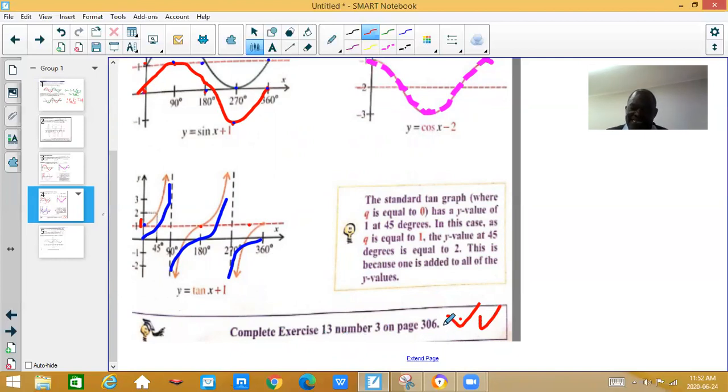I am recapping on what we did some time past, because this one is very important in our new syllabus that has been trimmed. This trigonometric function has a lot of marks. That is why I've decided to come back to it so that we have a clear understanding of it all.